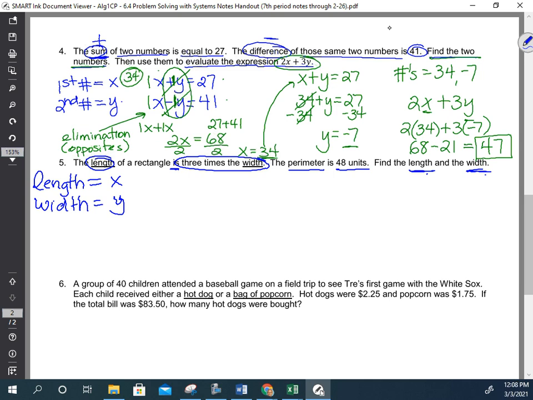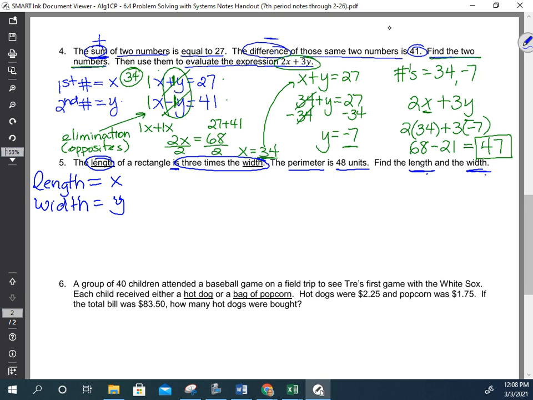If you wanted to use L and W, that's your choice. If you want to use different letters, that's your choice. Just make sure you keep everything straight.